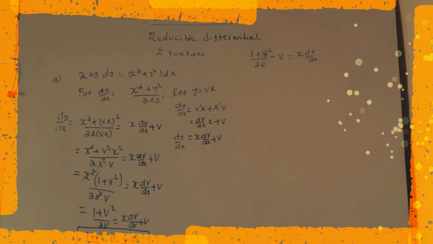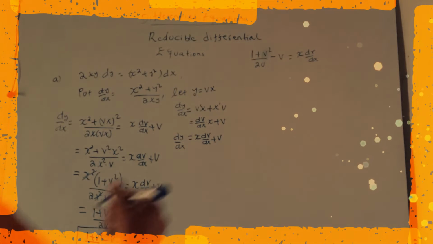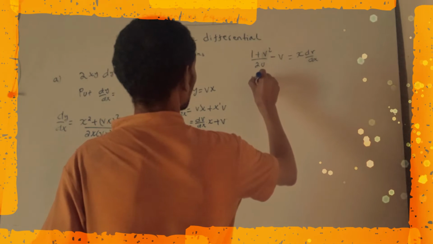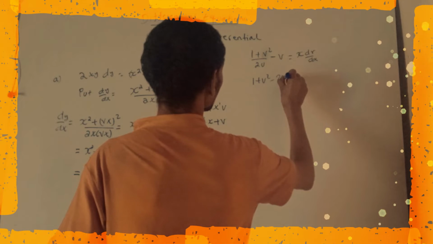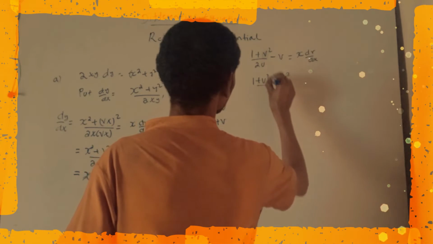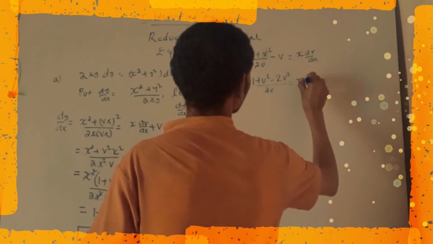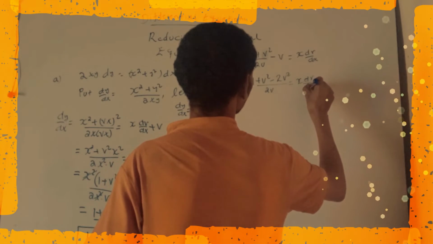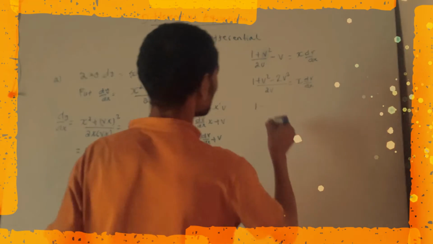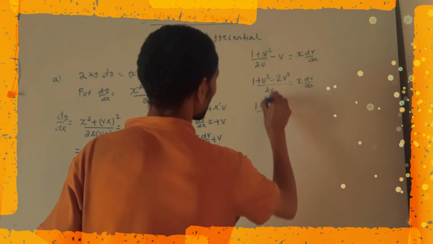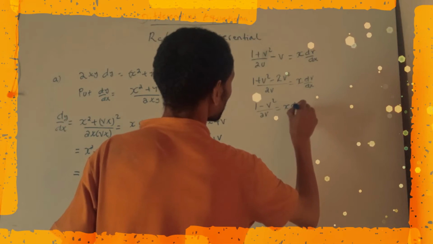Take this to the left side: 1 plus v squared minus 2v squared over 2v equals x dv over dx. So 1 minus v squared over 2v equals x dv over dx.